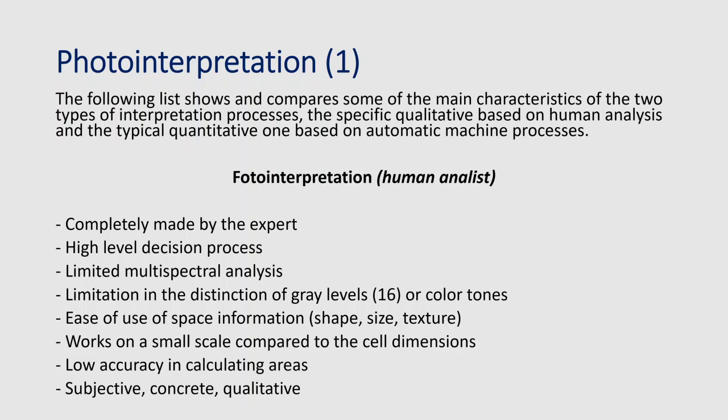It is, on the other hand, very concrete, because it's based on what we can catch and also on our experience, but it's very qualitative. That means it's not performing any measurement, but it's based on the comparative method that we apply to what we already know and to our experience.